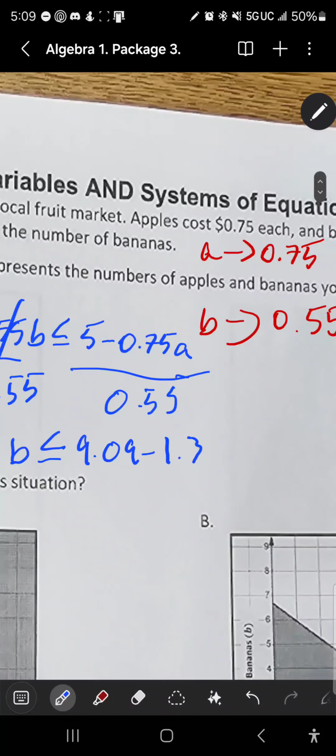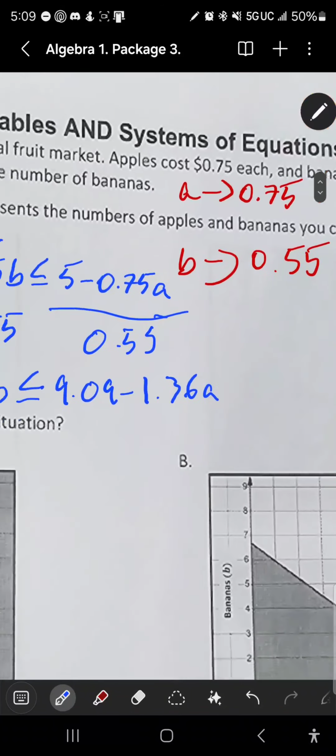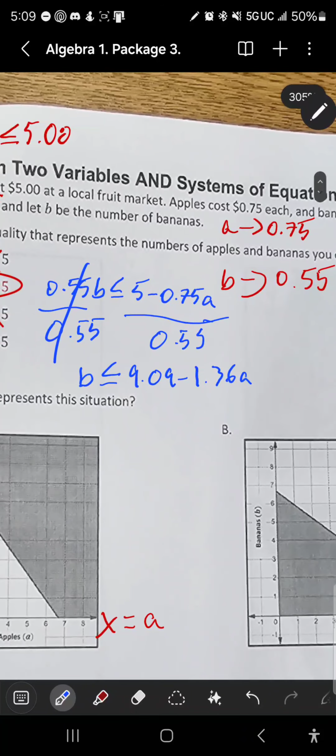So minus 1.36A. Now we can rewrite this as B less than or equal to negative 1.36A plus 9.09, if you see it better that way.